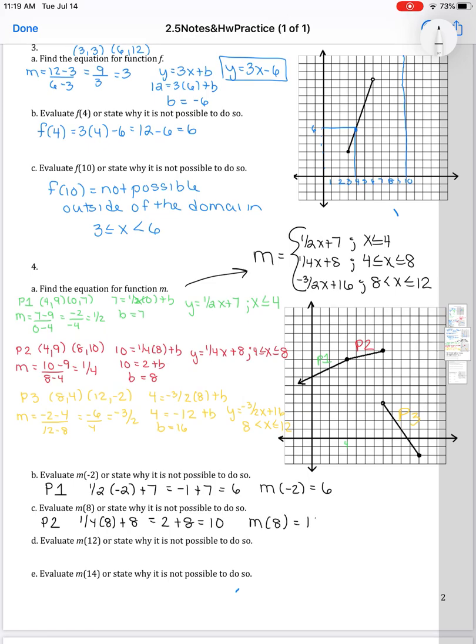For 8, 8 goes with piece number 2. So I'm going to take the function and sub in 8. I get 2 plus 8, which is 10. So m of 8 equals 10. For m of 12, that's piece 3. So I'm going to sub that in to that function.